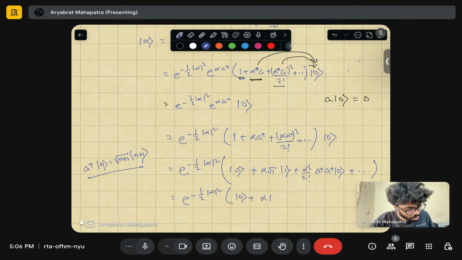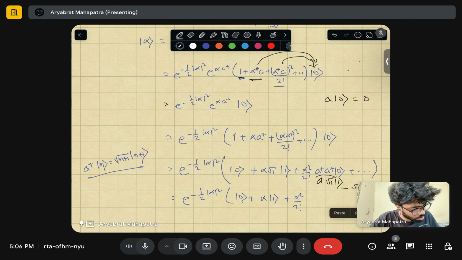When a dagger acts on 0, it gives you root 1 times 1. And when a dagger again acts on 1, it gives you root 1 times root 2, times 2.